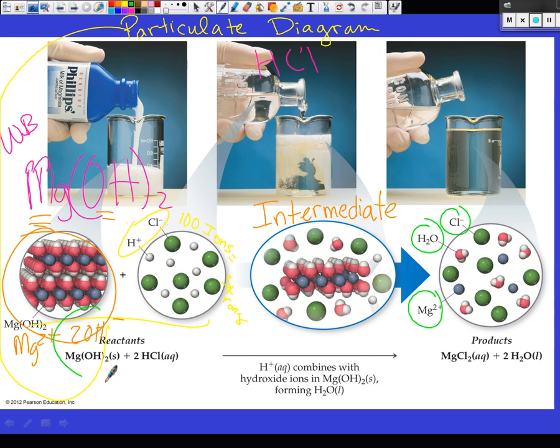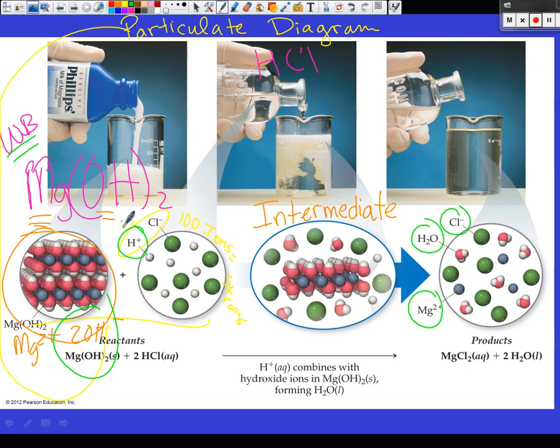No, we said there were very few because it's a weak base. What else disappeared? The hydrogen ions. So you've got a hydrogen ion and a hydroxide ion floating around. What can those two things form? Water.